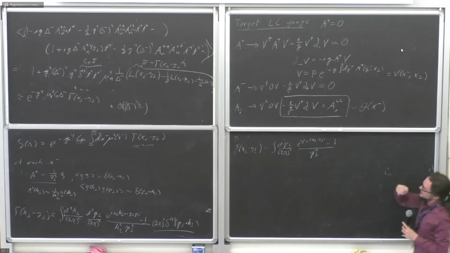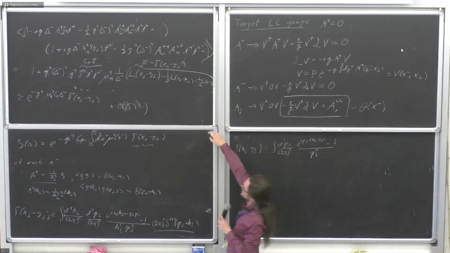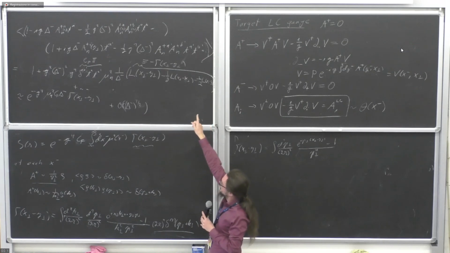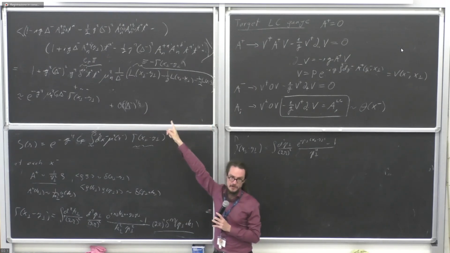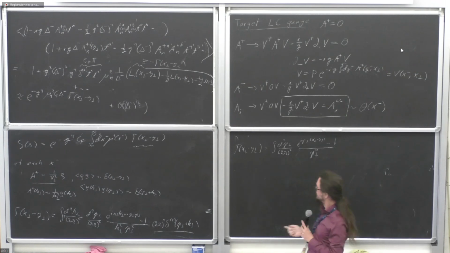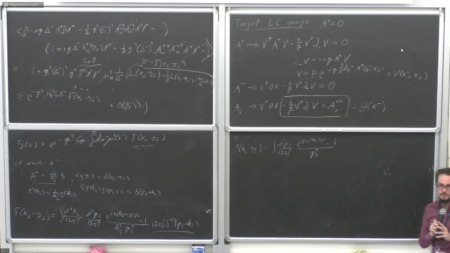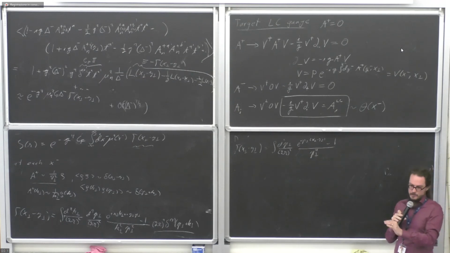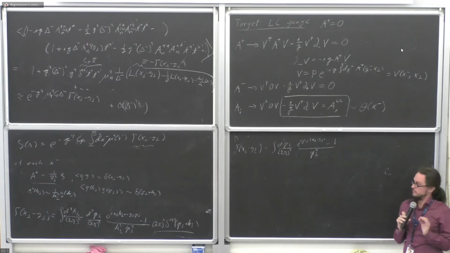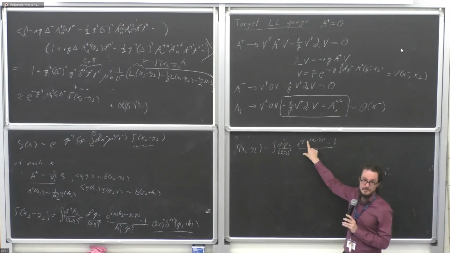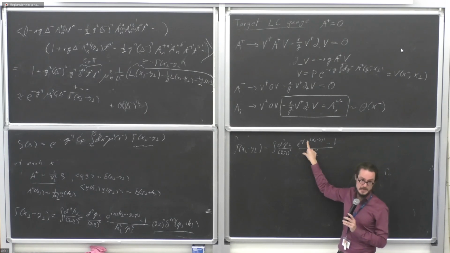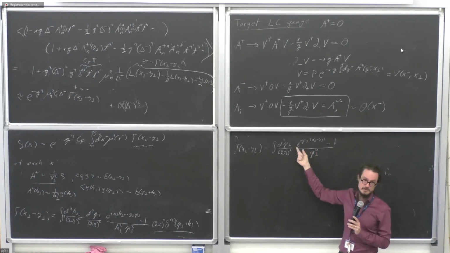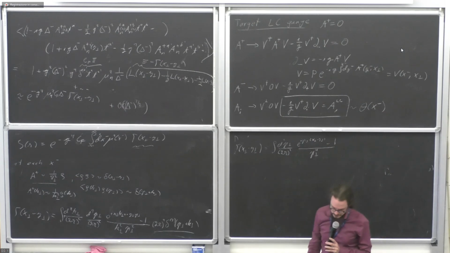The ultimate reason is that we are calculating a color singlet expectation value, the expectation value of trace V dagger V, which is a color singlet operator. Because of that, the leading very thick divergence cancels, and we are left with something that is much milder. But I still need to regularize it.